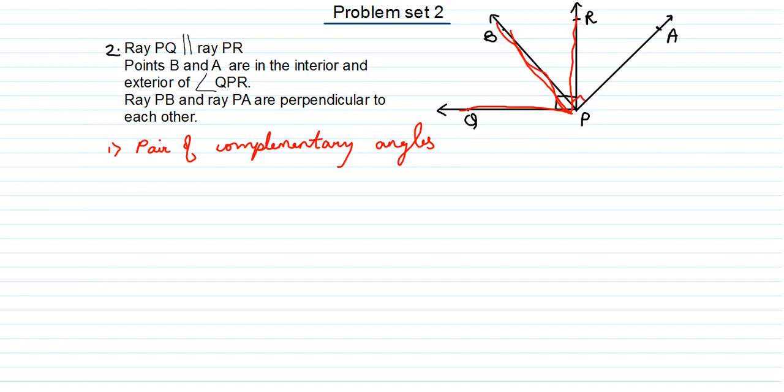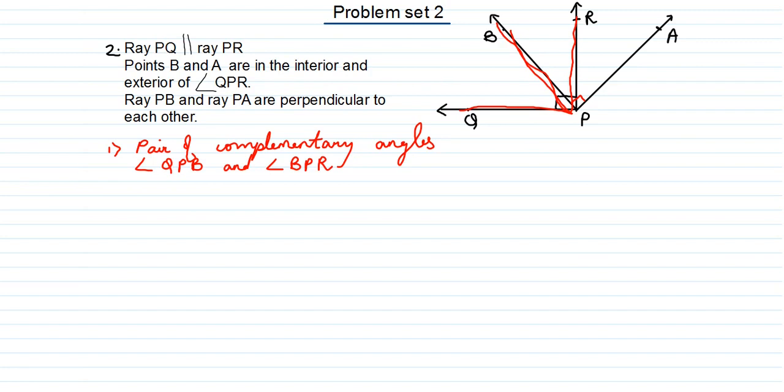Means these two angles are complementary angles. So you write down the names of the angles. We just want the pairs. So over here, you say angle QPB and angle BPR. Then we move on to the next one.